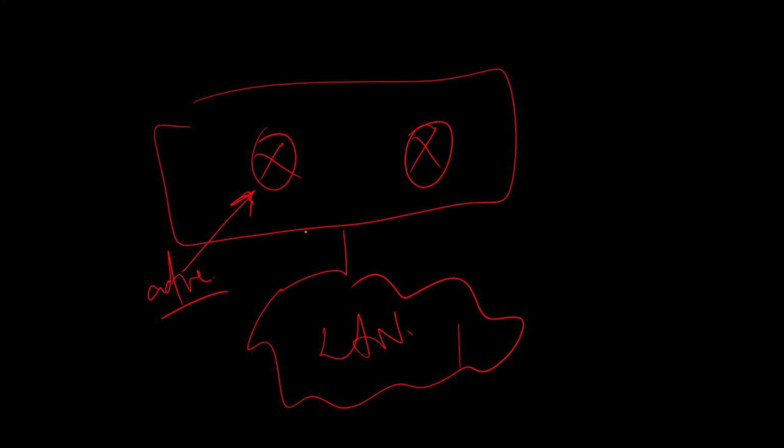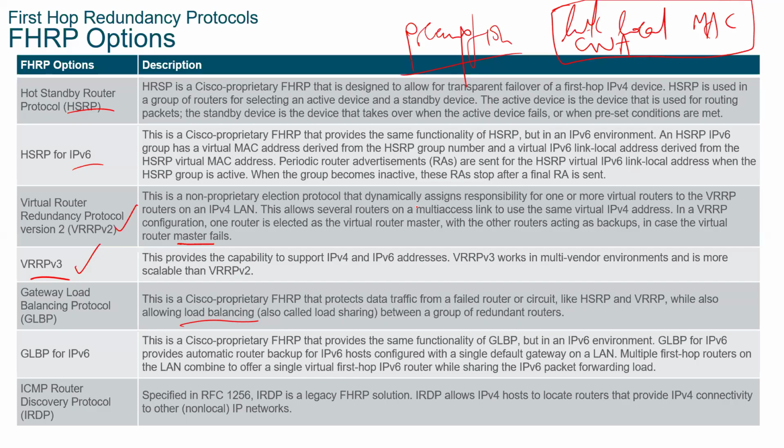Load balancing basically means all of them sort of act as if they are active. So if traffic is being sent and this one is really overloaded, then the traffic goes on the other route. That is basically what the other protocol, the Gateway Load Balancing Protocol, does. So it offers both.